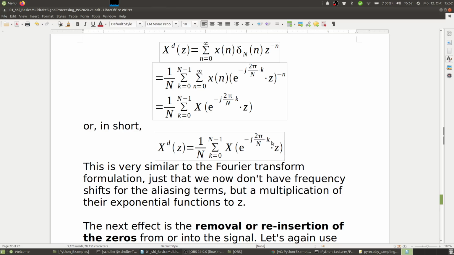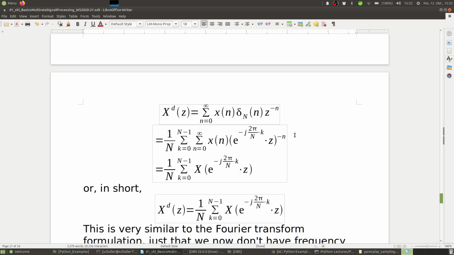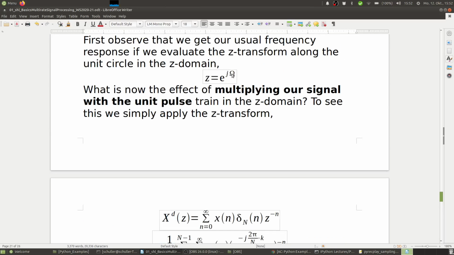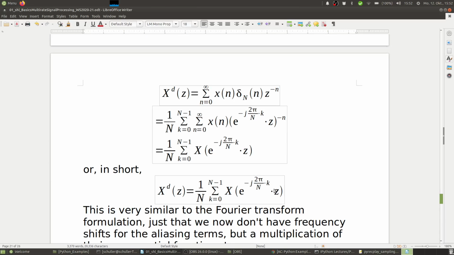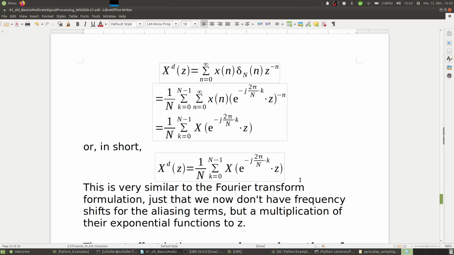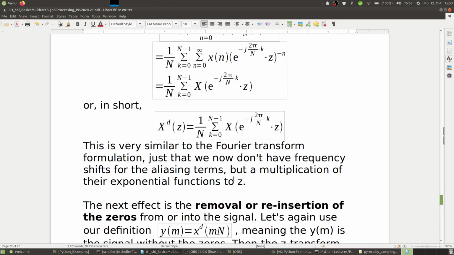And when you look at it, z is e to the j omega, as we saw here; we just plug it in to get the connection. Then we have this normalized omega, and that's basically the same as in the Fourier transform domain. So it's very similar, just that we now don't have frequency shifts for the aliasing term, but a multiplication of the exponential functions to z, as we can see here.